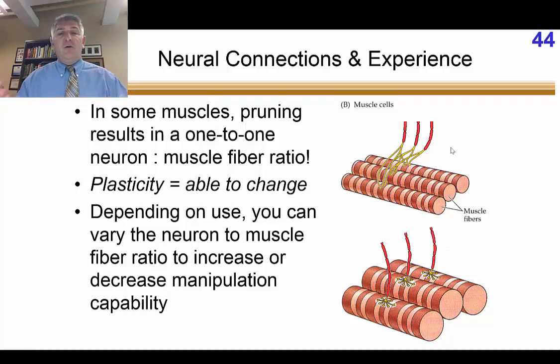For example, when you first start learning to play violin or guitar, you're kind of clumsy with your fingers, and you can't physically make your fingers move very fast or move to the right places in the right increments. But with use, a lot of practice, you become much better at that. One thing that's changing is in your brain, you're memorizing the motor patterns, but in your peripheral motor system, you're also decreasing the number of synapses, and so you're gaining finer, better motor control there.